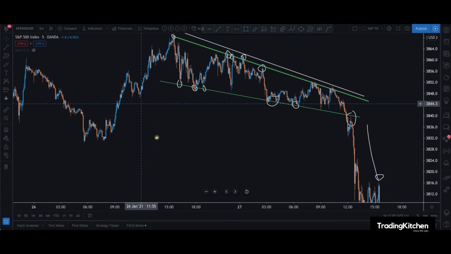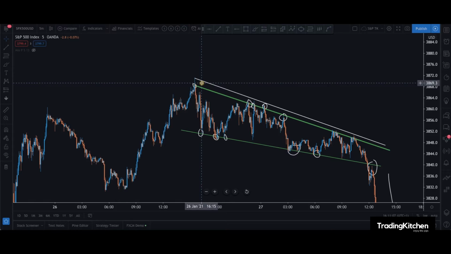But so we have to look for a channel, because first of all, it shows us a trend, and second, it gives us a possibility to enter a trade.